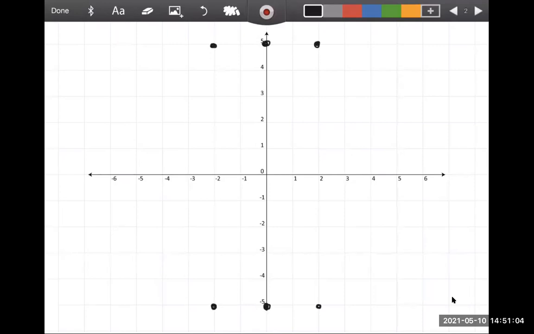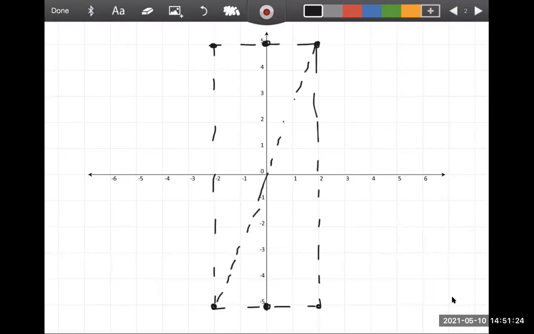All right, so if we draw this rectangle, and then we draw the extended diagonals through the rectangle, it'd be a little neater if I was doing it on an actual whiteboard.